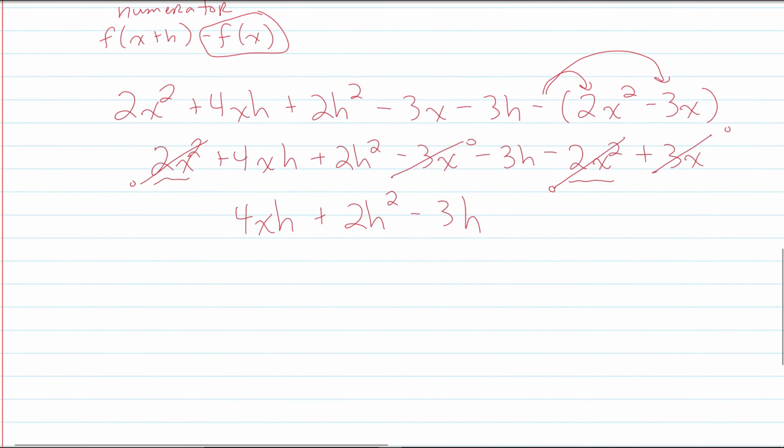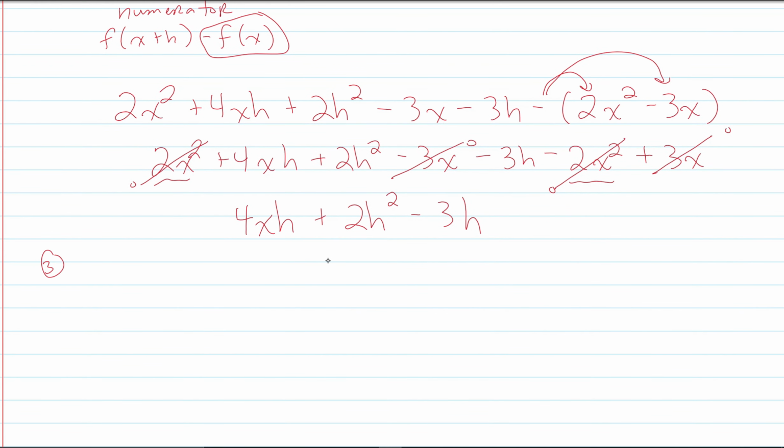Lastly, our third step is going to be find the difference quotient by dividing by h. So we have 4xh plus 2h squared minus 3h. And this is divided by the h that's in the denominator of our difference quotient.